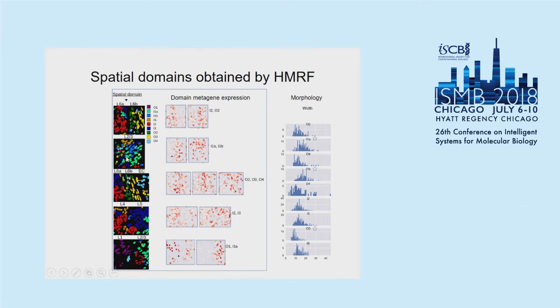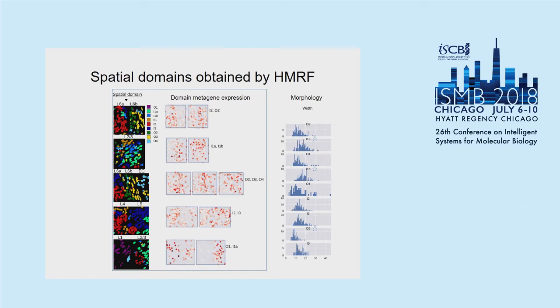But what is more interesting is that if you pay attention to the shape of the cells, there seems to be a distinct association between cell morphology and the domains. So we do a quantitative analysis by extracting morphological features such as width, orientation of the cells, size of the cells, and also a Feret parameter, and others, over 15 different features.